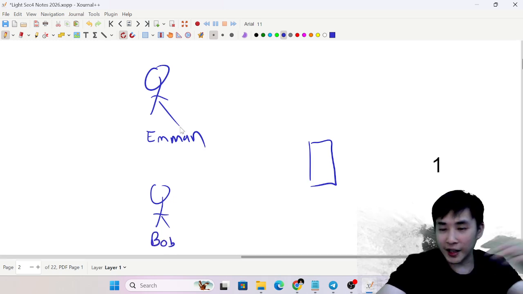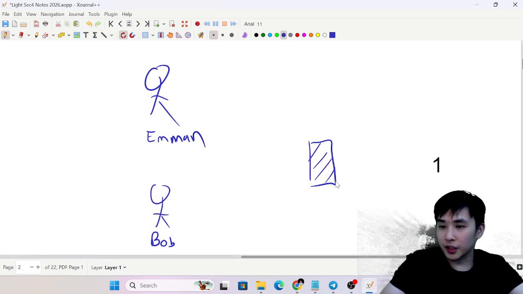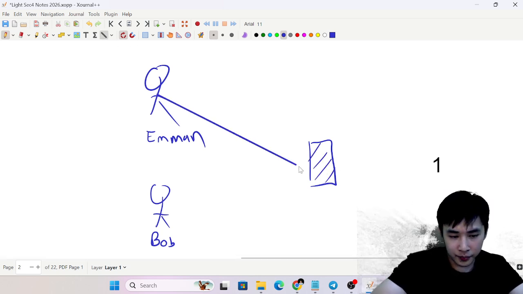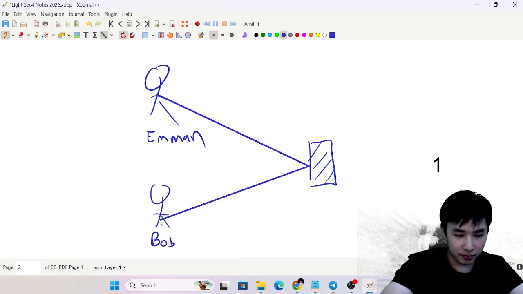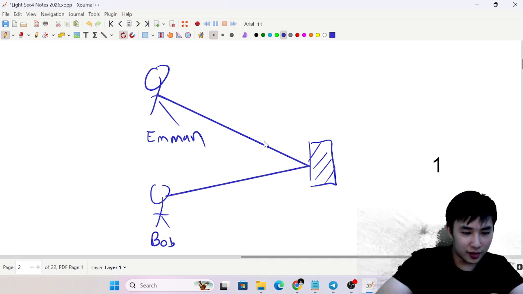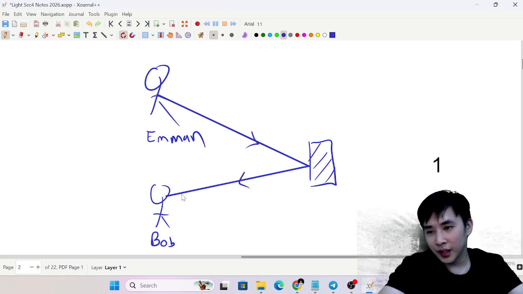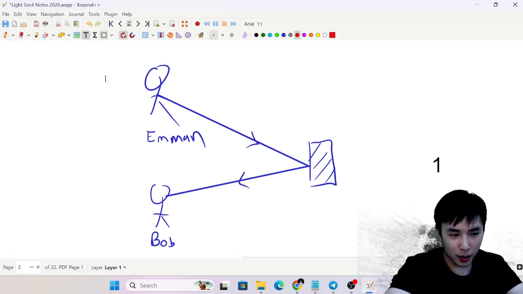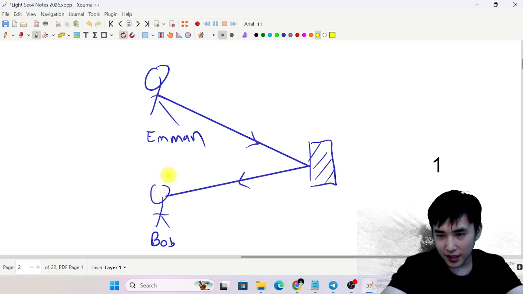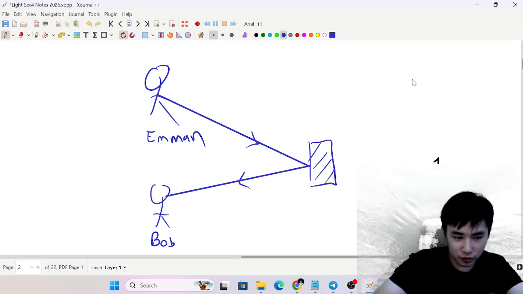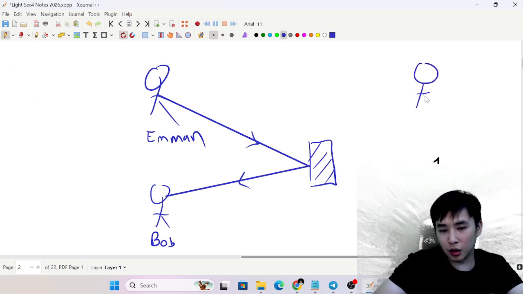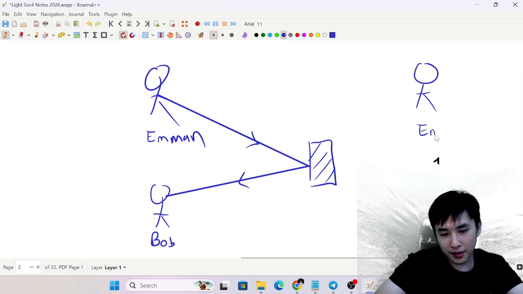Right now, this is the mirror, and I am being looked at by my friend. So I send a light ray to Bob. Notice that Bob can see my image through the mirror, and to Bob, my image will appear somewhere here. So this is Iman's image.